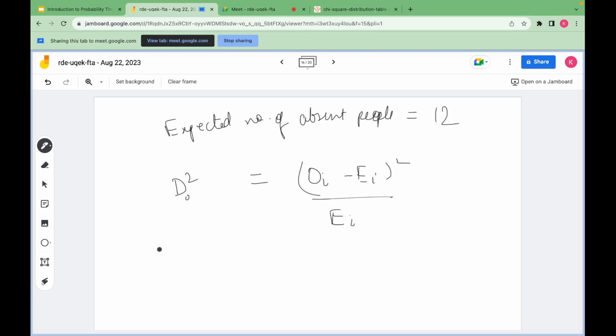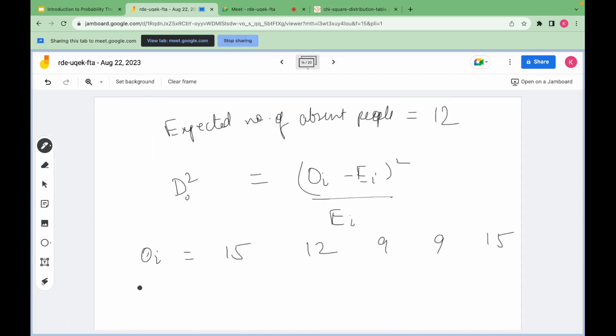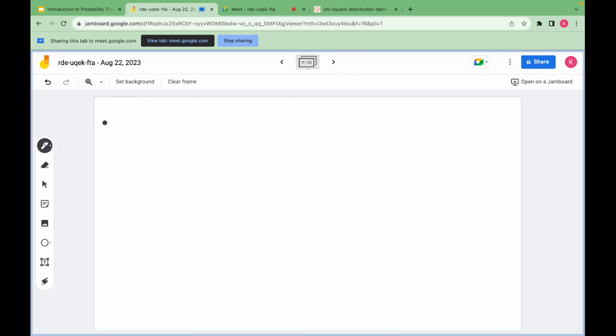Okay, so this observed data OI is 15, 12, 9, 9, 15. Expected EIs are 12, 12, 12, 12, 12. So D naught square will be 15 minus 12 whole square divided by 12.